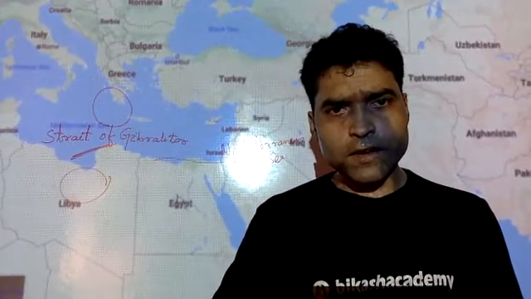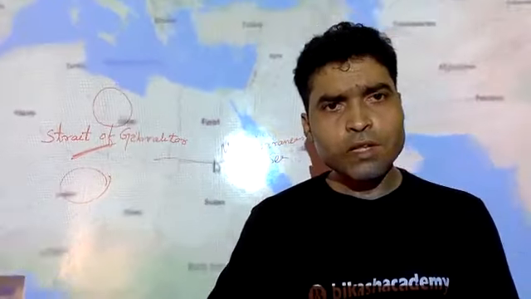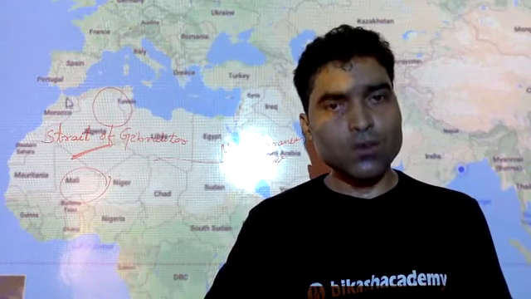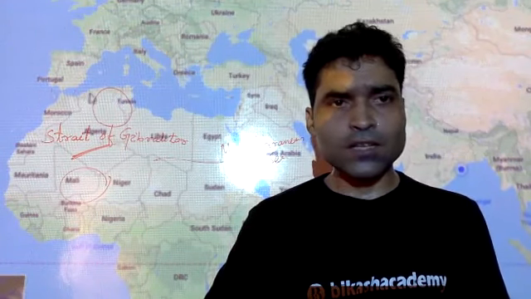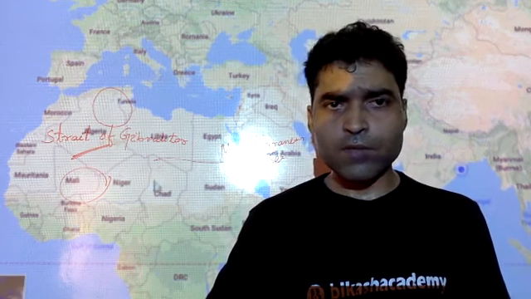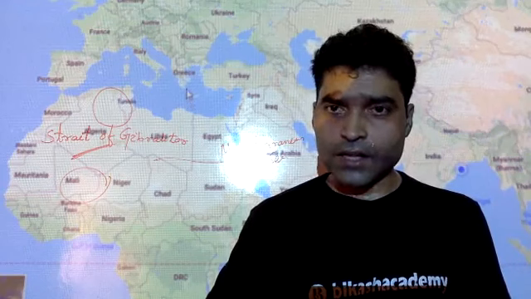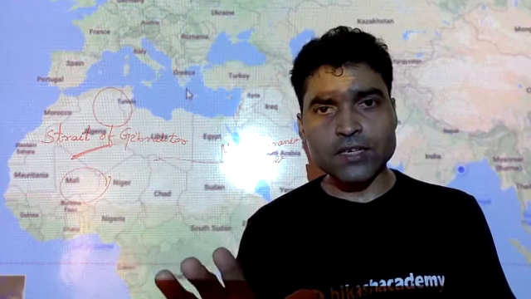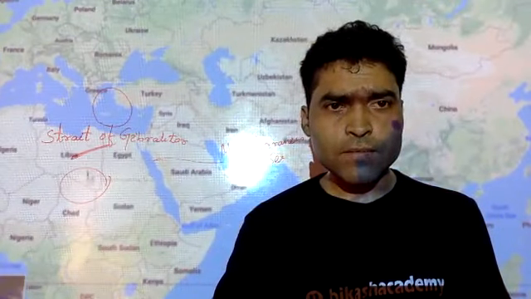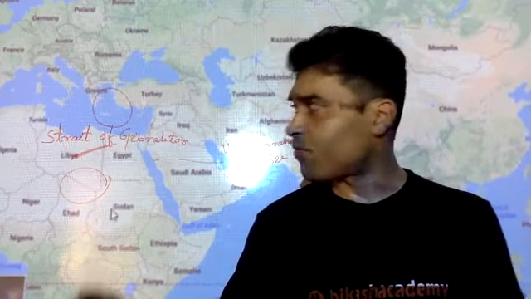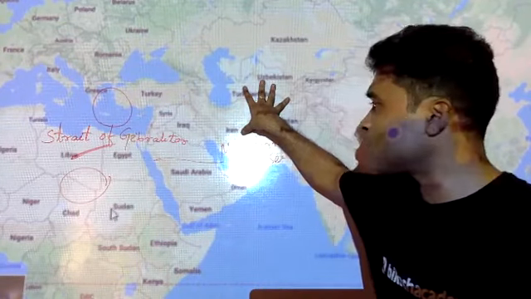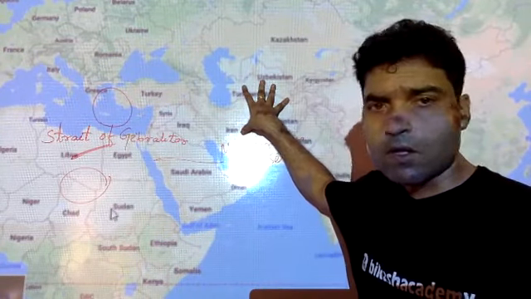I have told you that Africa is separated from Europe by the Strait of Gibraltar at this point, and Europe is separated from Africa by the Mediterranean Sea. After that, we have to study very carefully. If I talk about this, this is Africa, and this part you can say is Asia.